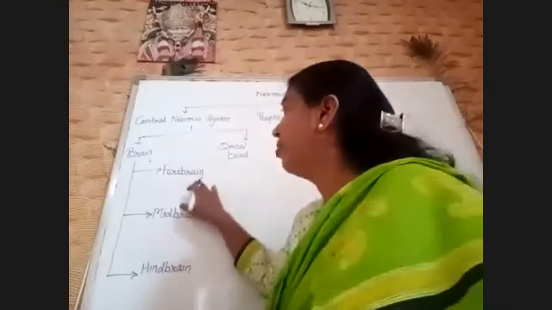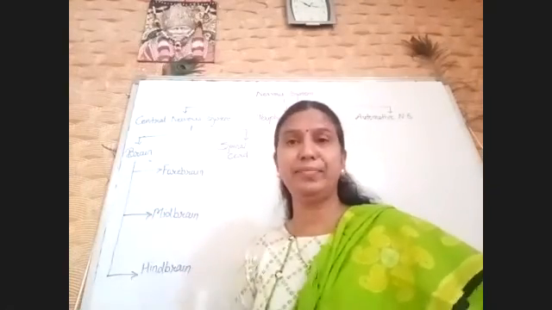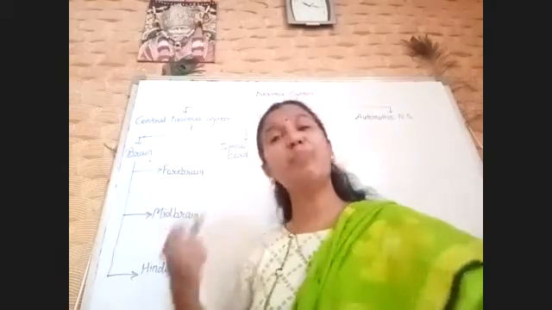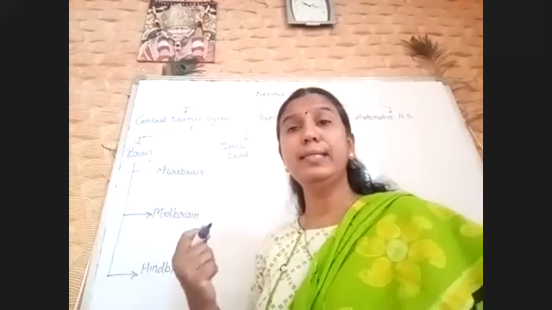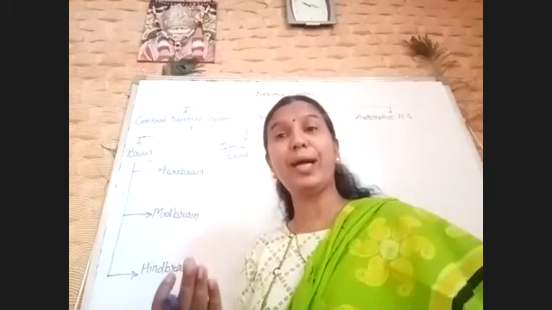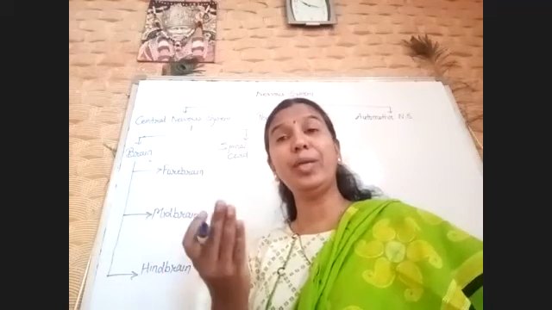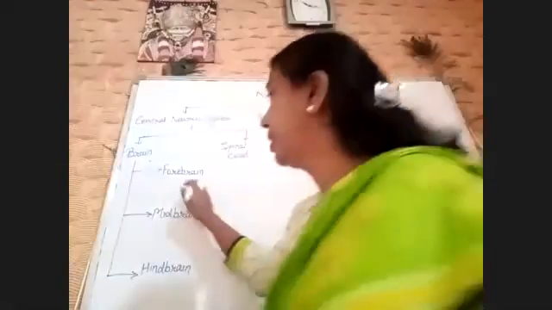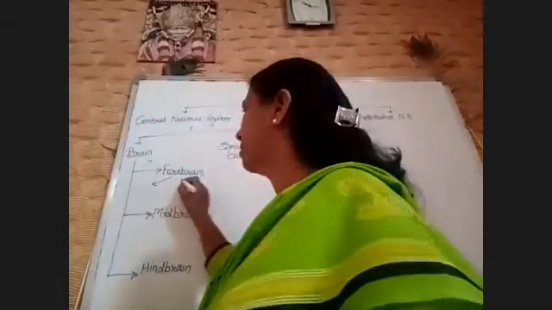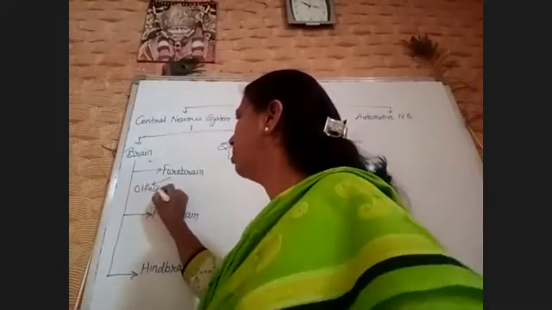Okay? Forebrain. F-O-R-E, fore means front, and H-I-N-D, hind means back. Okay? So forebrain is the first part of the brain which is situated on the front side. So this forebrain consists of 3 parts. What are they? One is olfactory lobe.